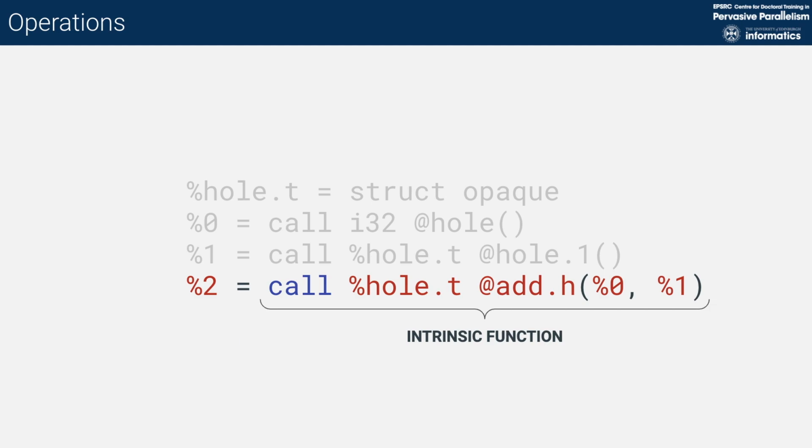These intrinsic functions are different to holes in that their semantics will be later known. Once the type of value %1 has been decided, we'll go into how that happens in the next part of the talk, a concrete implementation for the add function can be generated for the particular types. For example, if it's assigned type I32, then the instruction selected will be an add instruction.